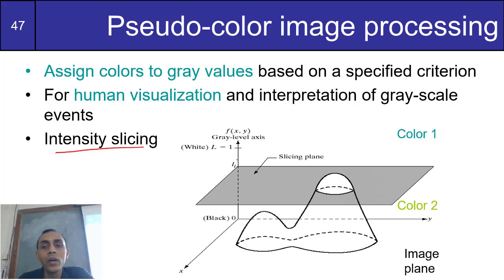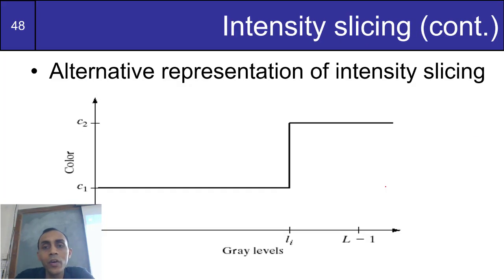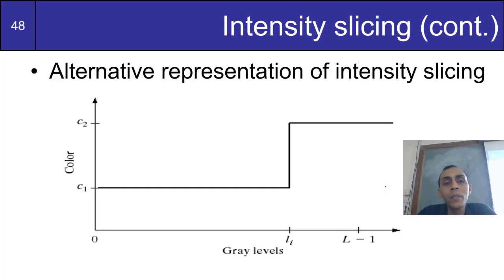If we want to give two colors to this image, we can slice this intensity axis and divide it into two levels. All the intensity values in one range can be given one color, and all the intensity values in the other range can be given a second color. This can be the simplest way of introducing color.